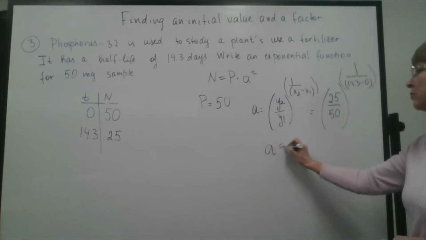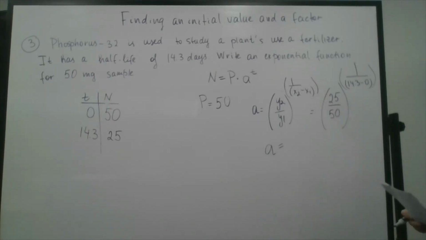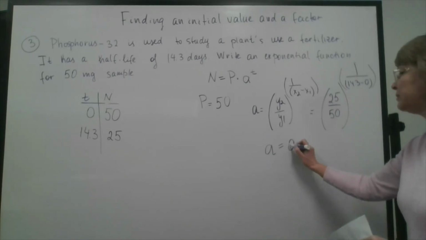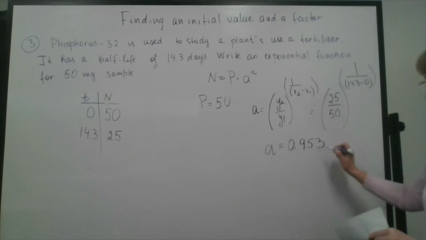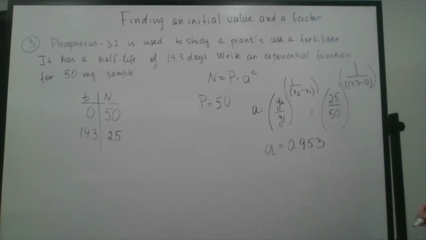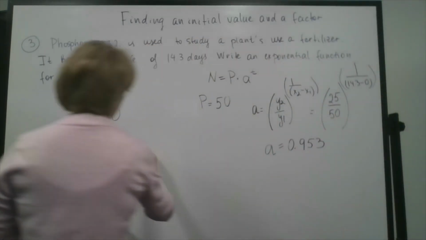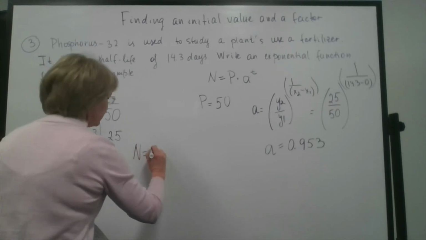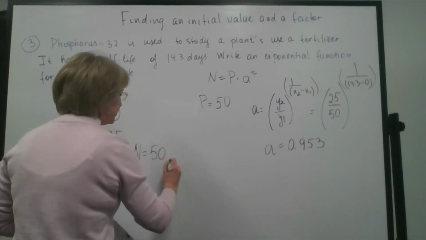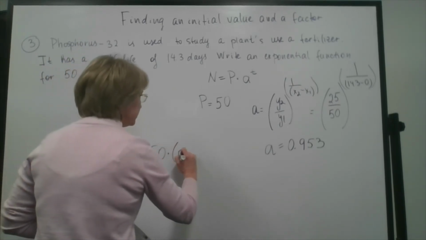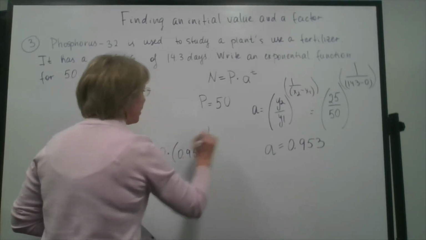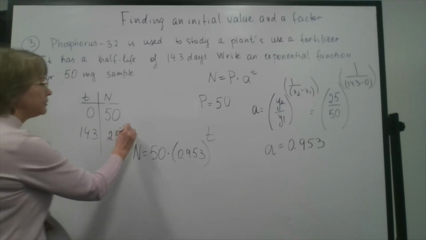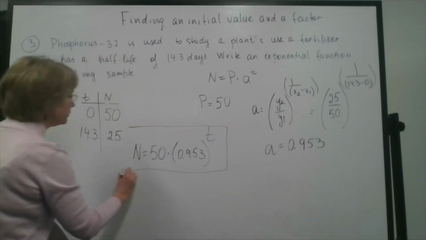Type it on a calculator and calculate. The factor will be 0.953. Now we can put everything together. N is equal to 50 times 0.953 to the power t. And this is our final answer.